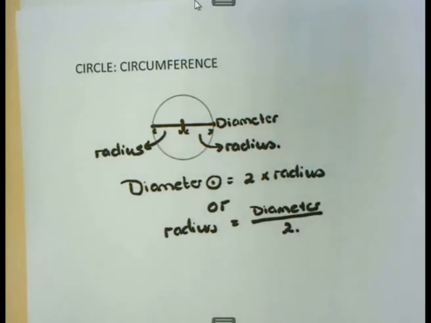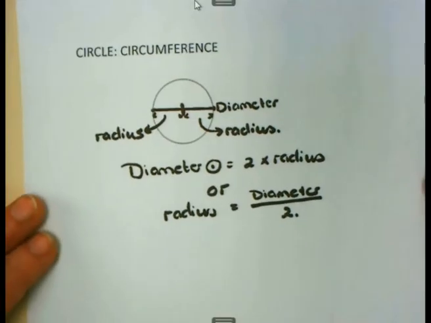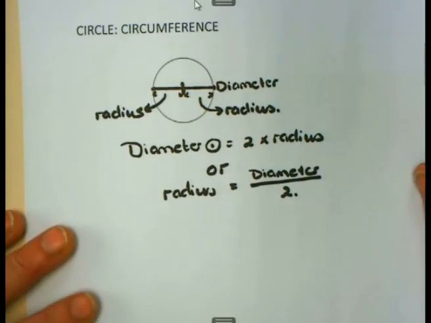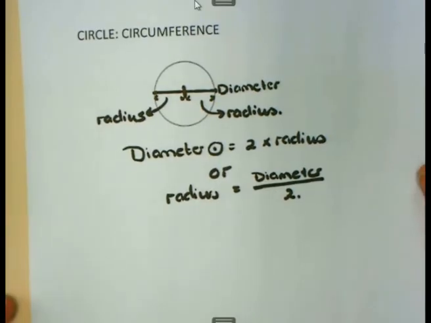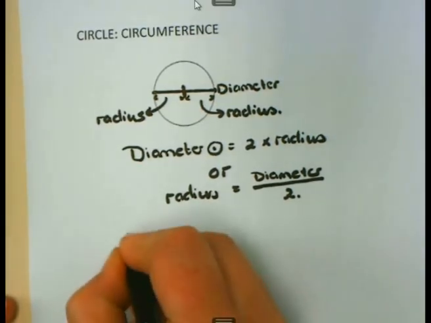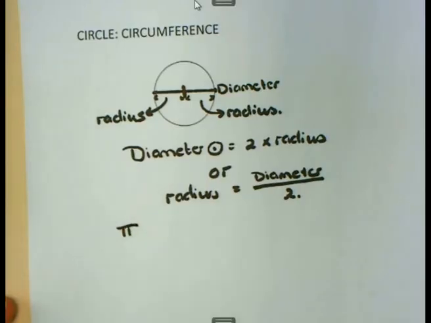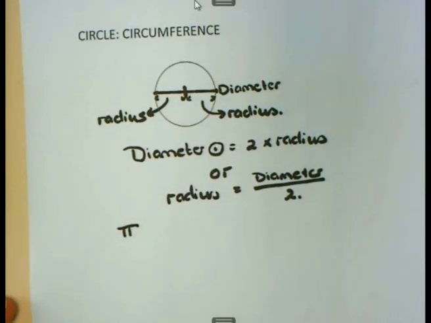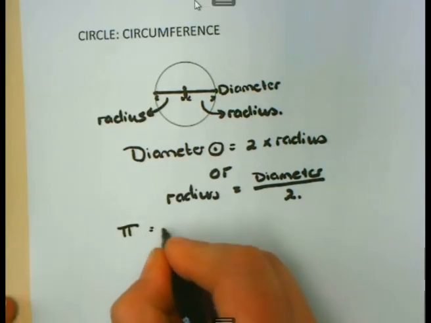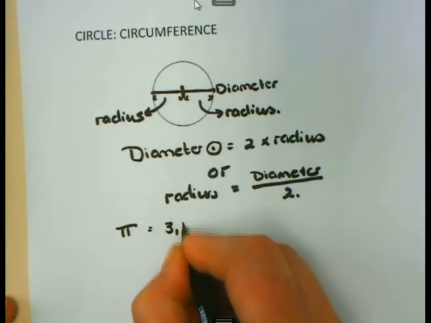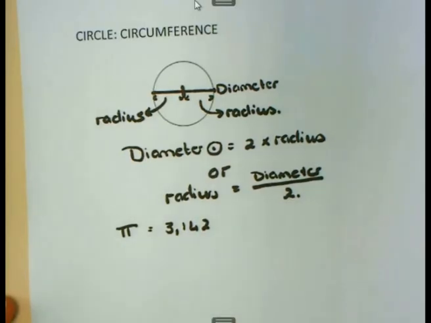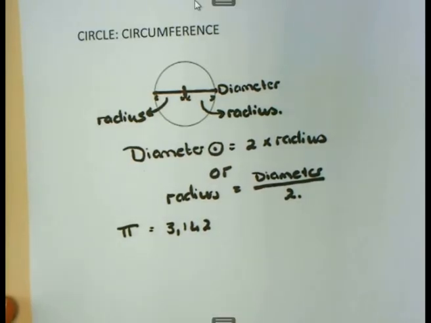Now there are 2 ways in which we can calculate the circumference of the circle. Let me show you both. When we are going to work with the circle, we use the constant value of pi. And it's very important that you remember pi. Pi has a value of 3,142 and it goes on and on up to infinity.